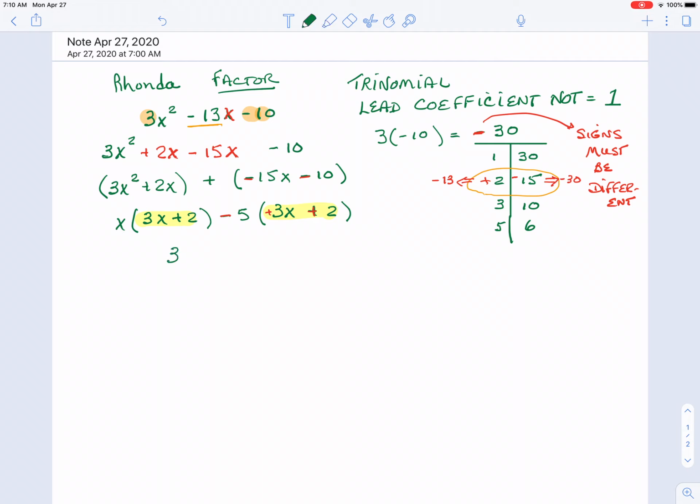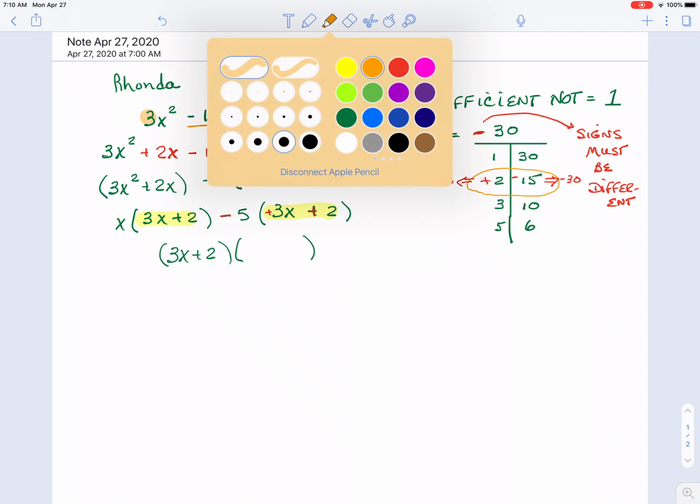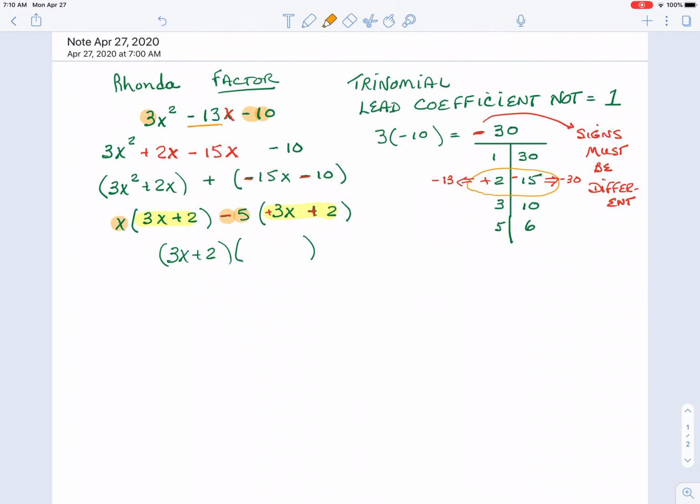So I'm going to pull that out in front as my common factor from the 2 terms. And then the pieces that remain here are these pieces that sit out here in front. So that looks like my factored form of that trinomial that had a lead coefficient that was not 1.